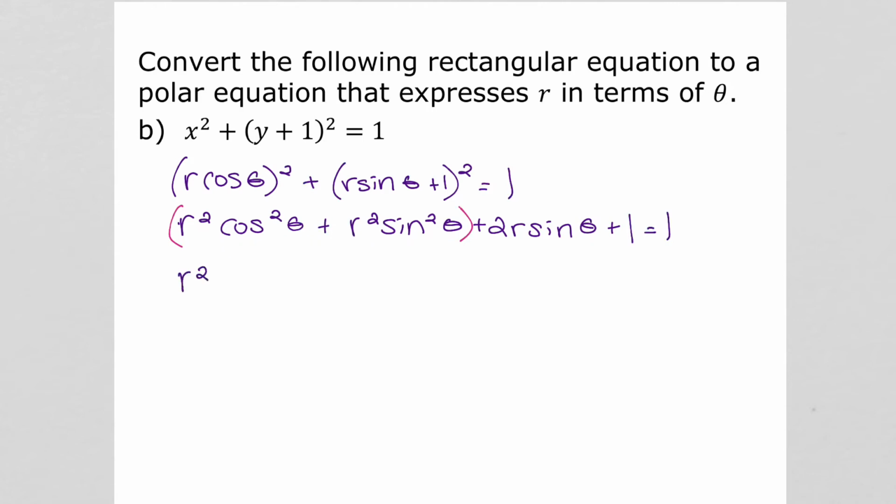So factor out r squared, and we're left with cosine squared theta plus sine squared theta, plus 2r sine theta, and I'm going to subtract 1 from both sides to get rid of that plus 1, and we'll just end up with 0. So again, we've got sine squared plus cosine squared. That is just 1. So r squared times 1 is just r squared.